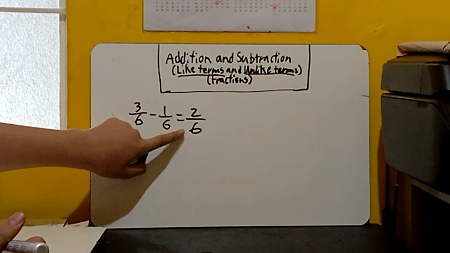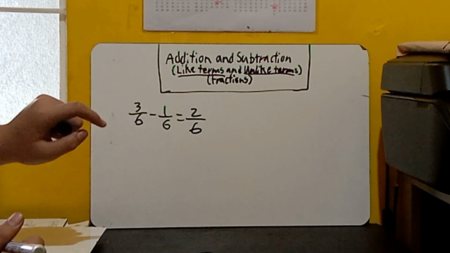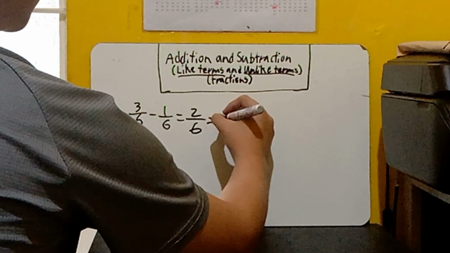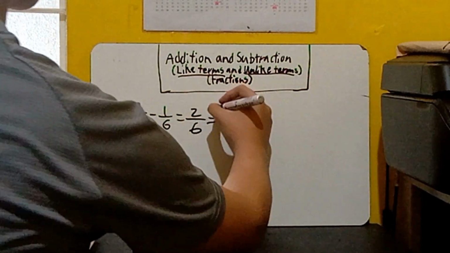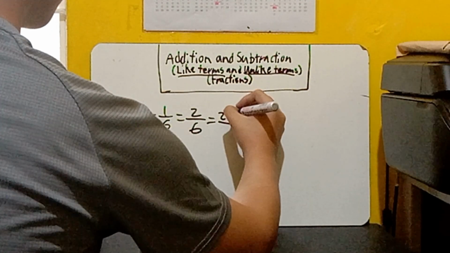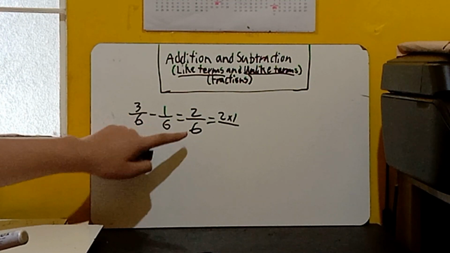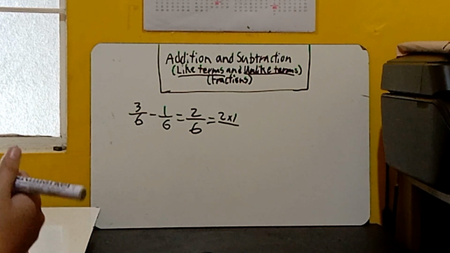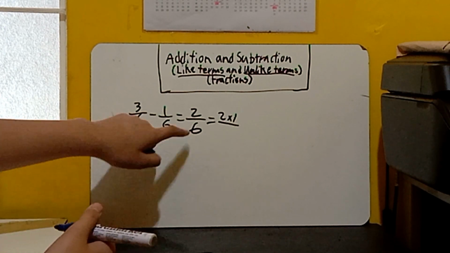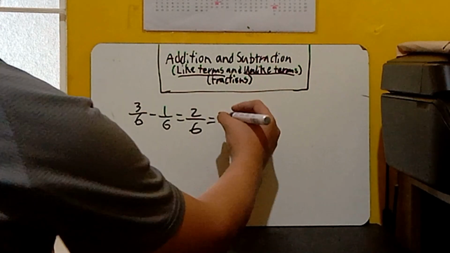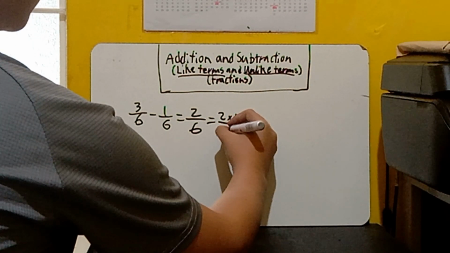That's our answer, but we need to simplify it. 2 is equal to 2 times 1. Now what is 6 equal to? 6 is equal to 3 times 2.